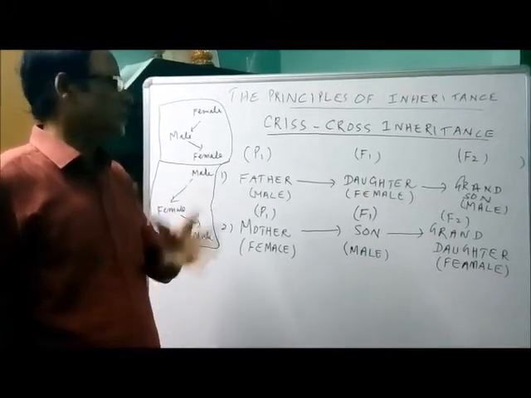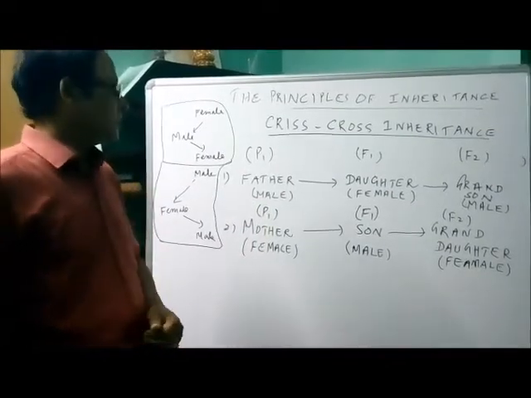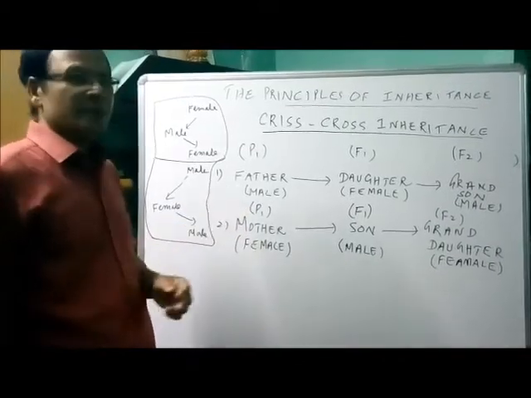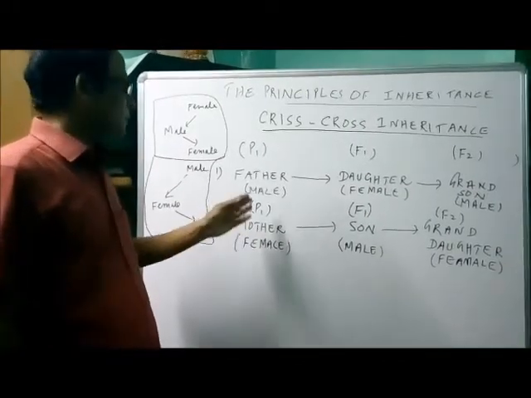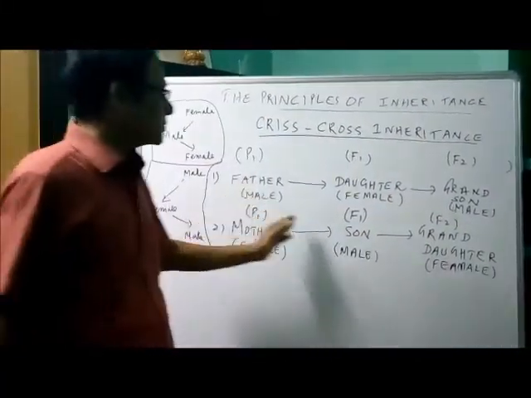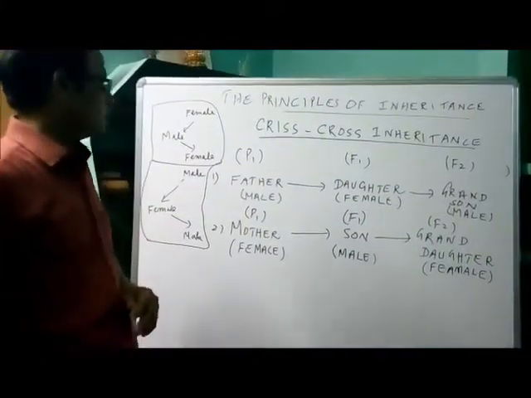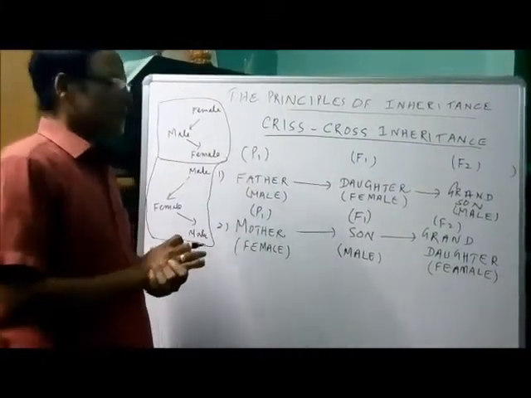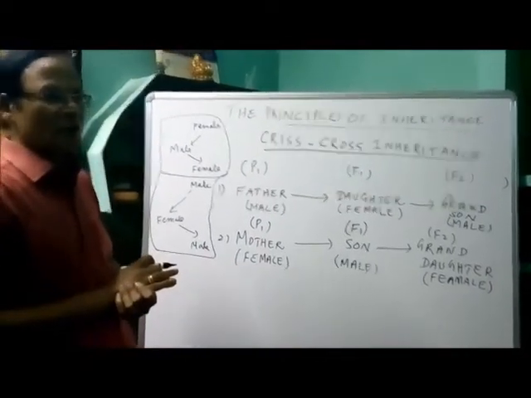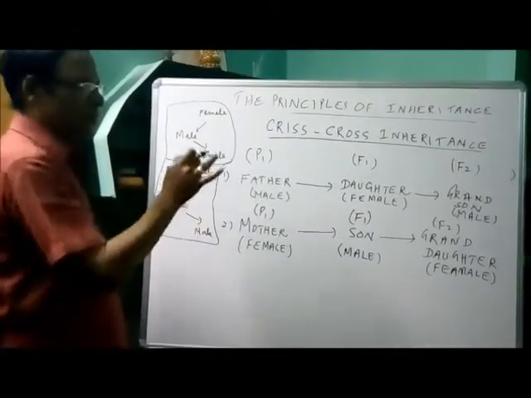In crisscross inheritance, sex-linked characters are passed on from father to grandson via F1, that is, the transmission of characters from male to male via female, in a zigzag manner.